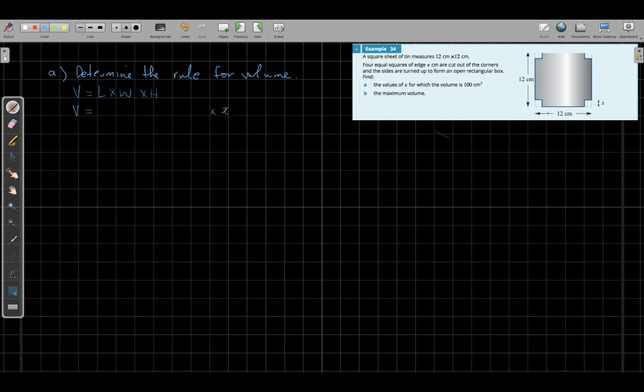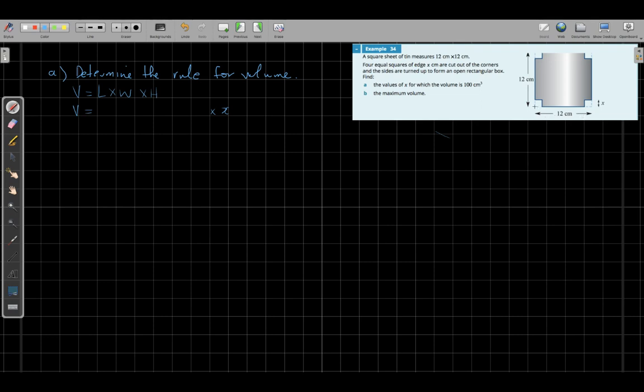We need an expression for width. So we start with 12 centimetres, and we've had x removed. So it's in fact 12 less 2 lots of x. Okay, it's been reduced by 2x. So what would an expression be if something's been reduced? You're going to add, subtract, multiply, or divide.